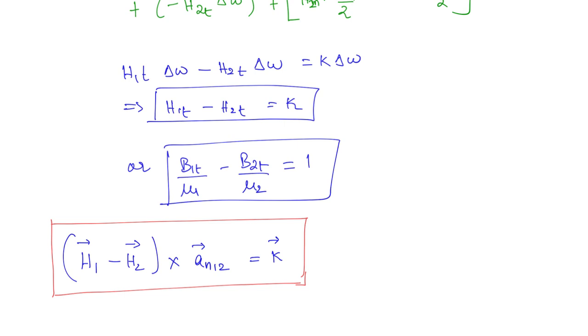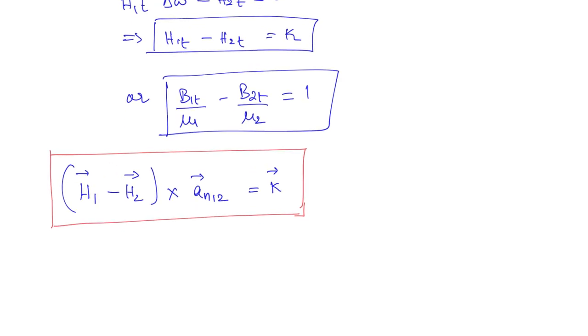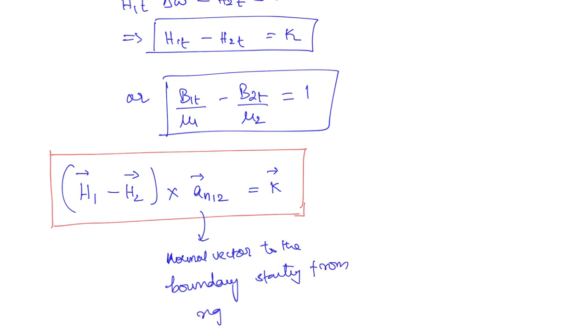If you cross product this with an12, here you need to know what is an12. This is the normal vector to the boundary starting from region 1 towards region 2.